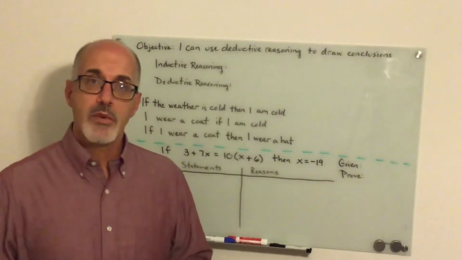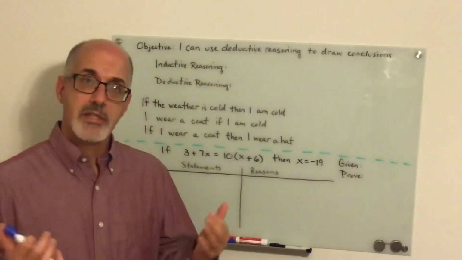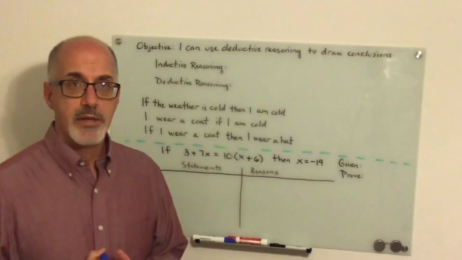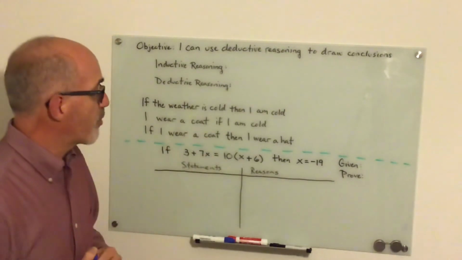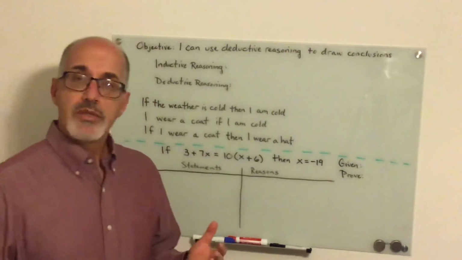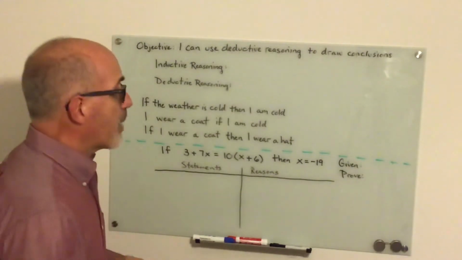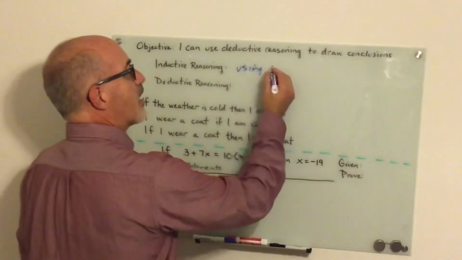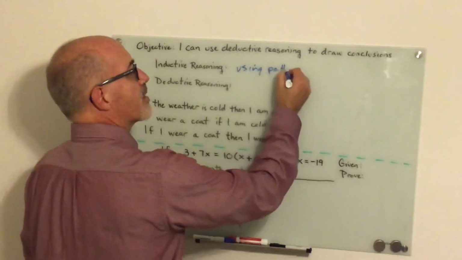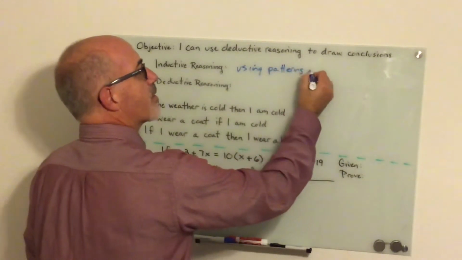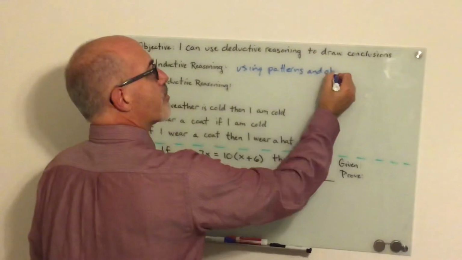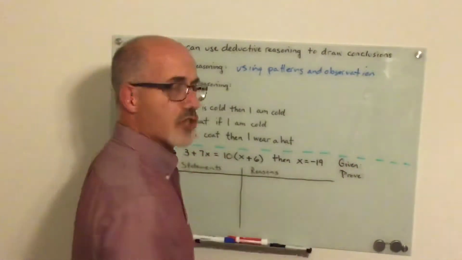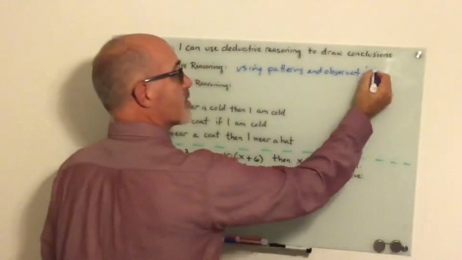Now we usually start with talking about some of the vocabulary that we use in geometry. Let's talk about the different types of reasoning we have. We use inductive reasoning by using patterns and observations in order to make conjectures and make predictions.